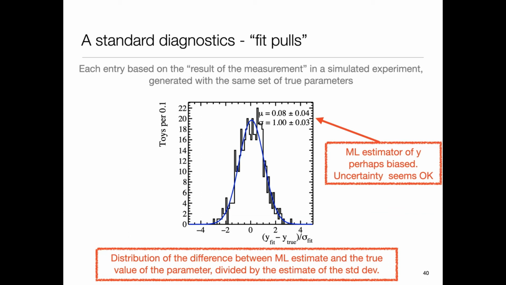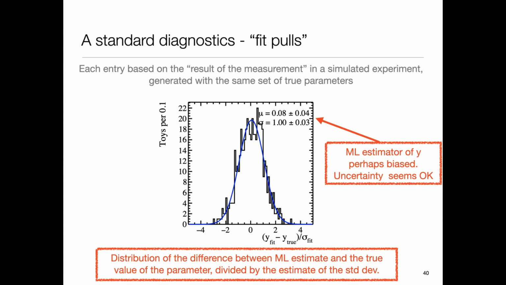And you also see something else. You see that the width of this Gaussian is compatible with 1, which means that the spread of your fit result is of similar size to the estimate of your uncertainty given by your fit.